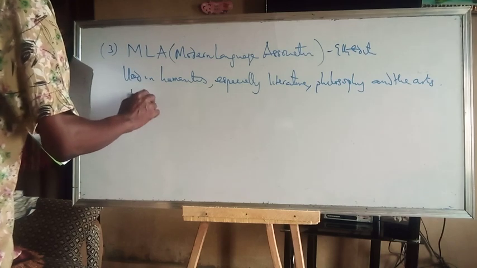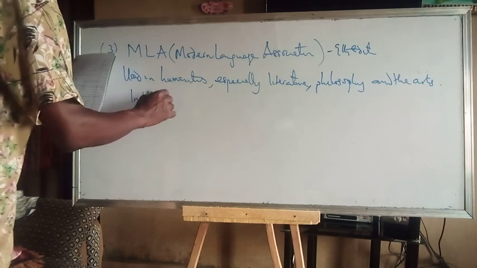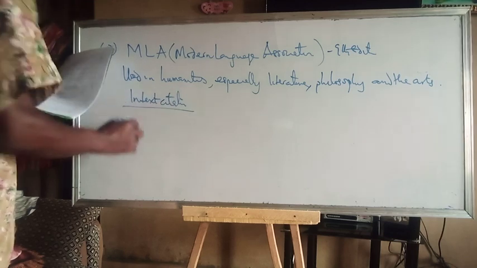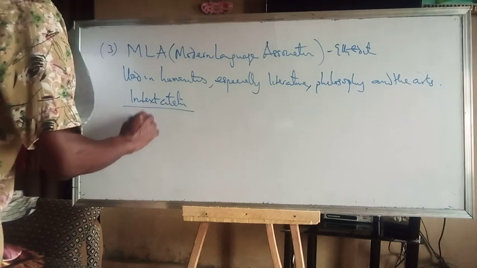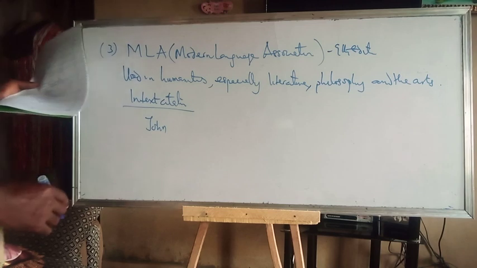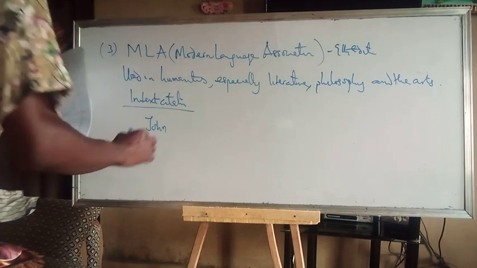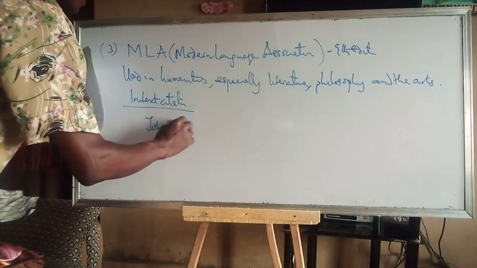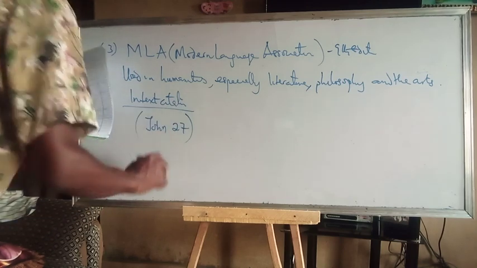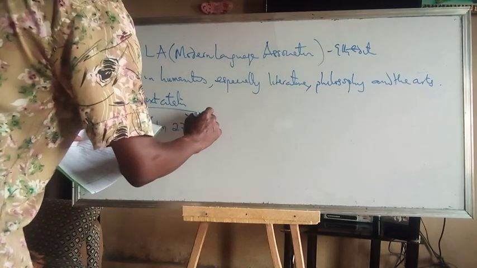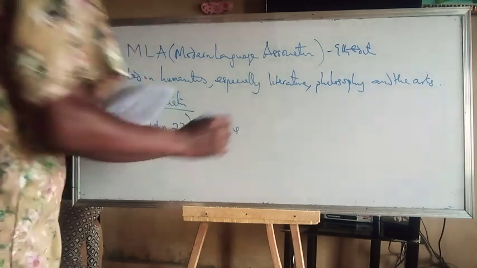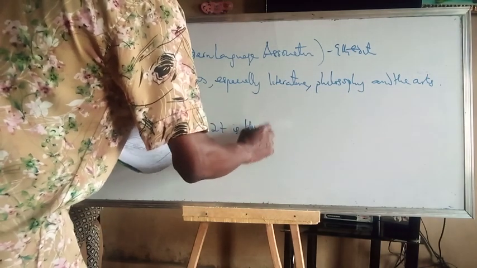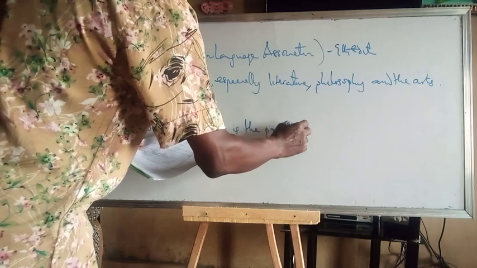In-text citation. How do they cite the work inside? Say like John, then 27, close the bracket. Note, this 27 is the page number of the work where the cited word is seen.